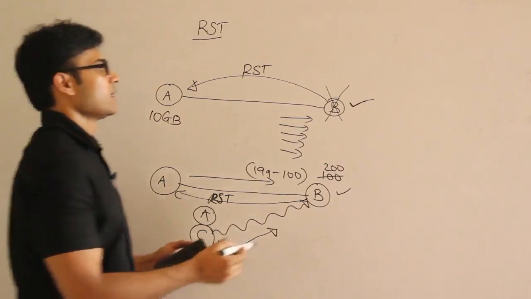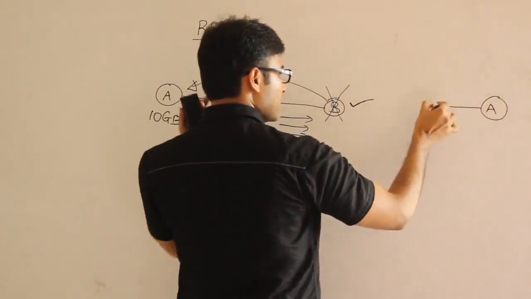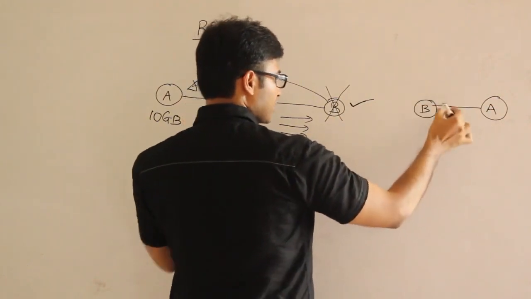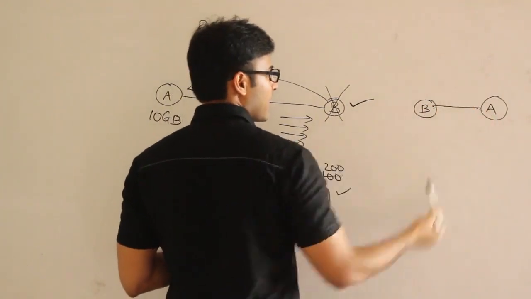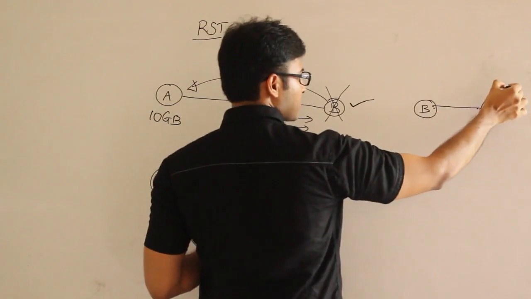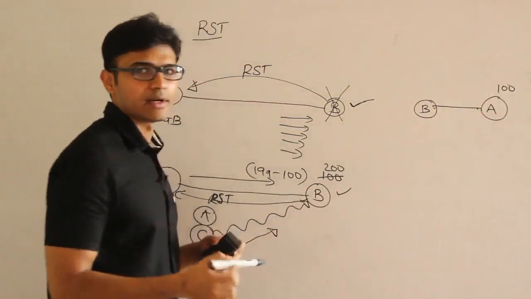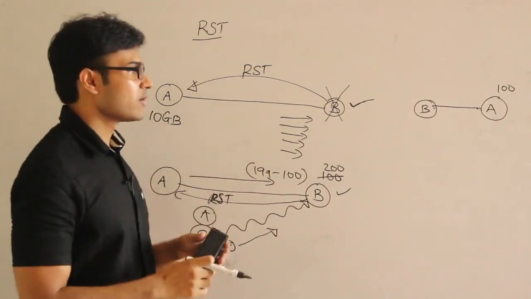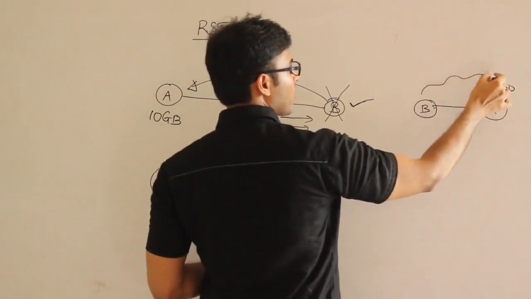The other way is, let us say A is a host and B is a host, and there is a connection established between them. Suddenly, because of some error or mistake, A is expecting 100, and A generally doesn't expect only 1 byte, it will have a window. It will wait for a window of bytes, right? So B will send a very weird number, not 100.